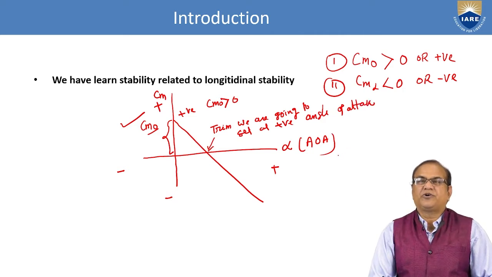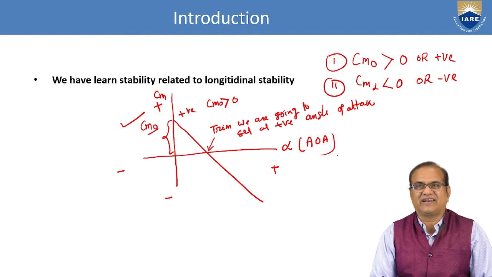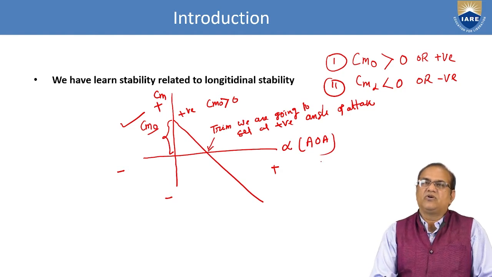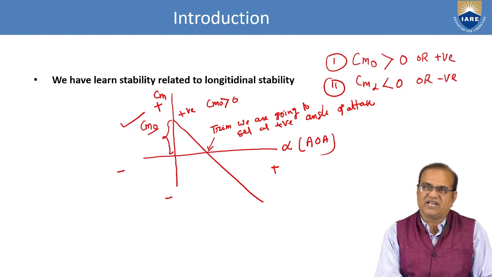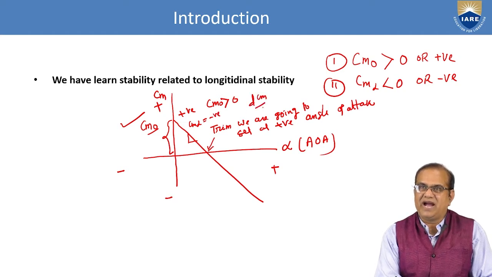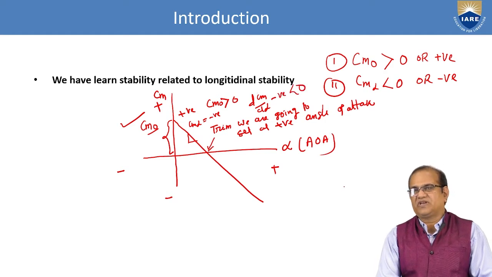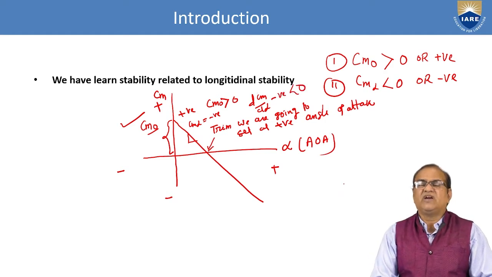Otherwise, your trim will be at a negative angle of attack and you cannot fly the aircraft, because to fly the aircraft we need a positive angle of attack; then only lift will be generated. We have to make this configuration, and the slope is called Cm alpha, and this should be negative. It means dCm by d alpha should be less than 0. These are what we have already covered. I am just revisiting them in this lecture.